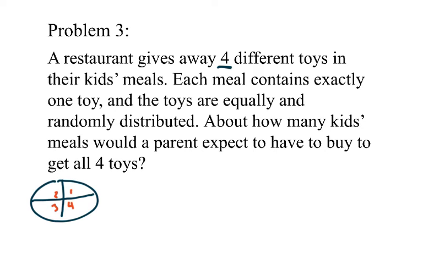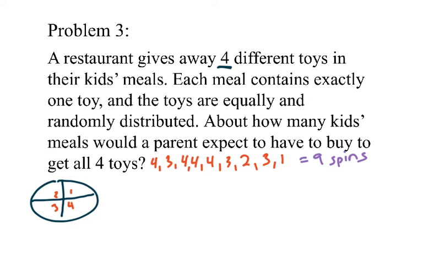And I'll link a spinner in the problem as well. So I'm going to go ahead and do this, and I'm going to record my spins. So here are my results. It took me 9 spins to get each one, so I would have to buy approximately 9 Happy Meals to get all 4 toys, or 9 kids' meals.